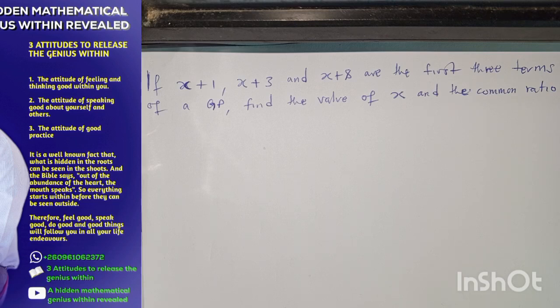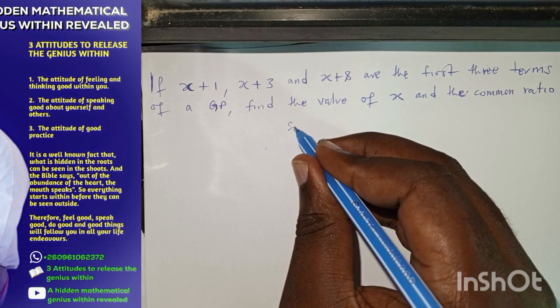Okay, so first thing, we'll do it the normal way of finding a common ratio of a GP. Okay, so solution.